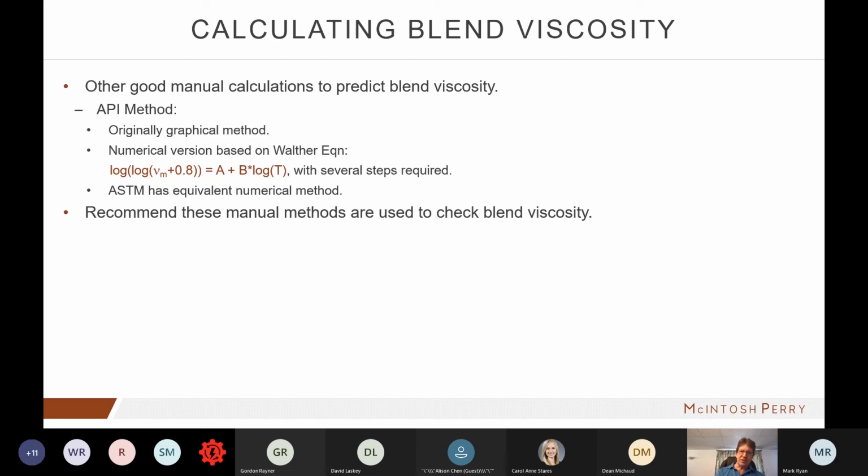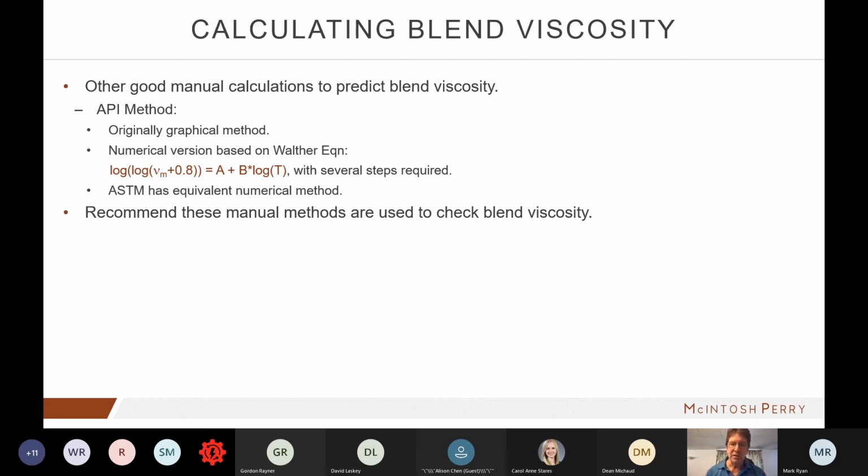Now, today, of course, it's not convenient. We like everything to be done in a computer. So there are numerical versions of this. And instead of using log paper, you can use something called the Walther equation, and that gets you your linearity by doing log of the viscosity.